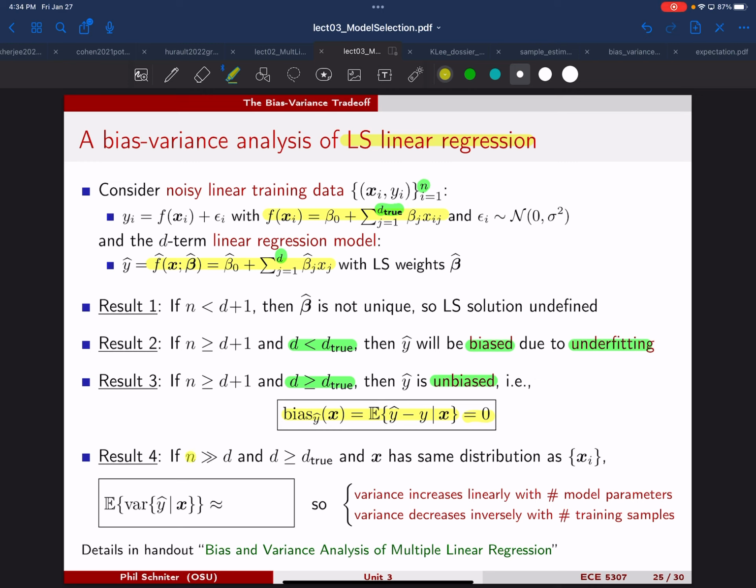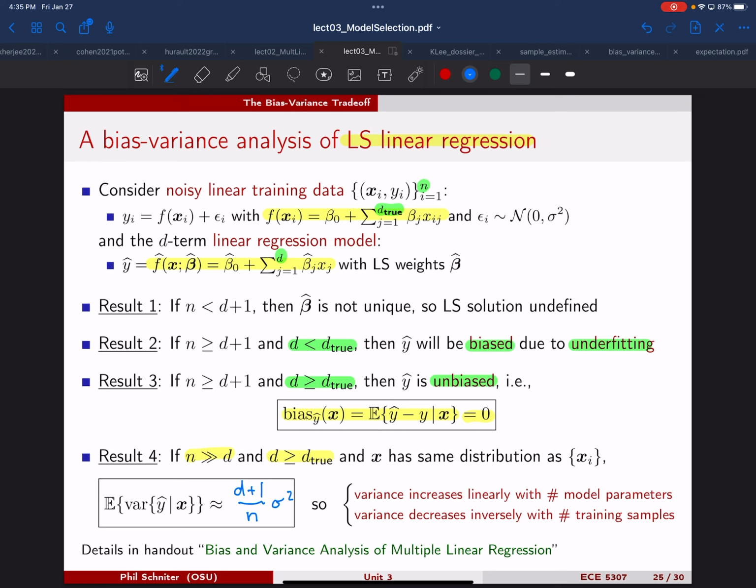If you have a lot of targets, and this is just to do the derivation, and you have equal or greater model order than the truth, and a few other technicalities like your test vectors come from the same distribution as your training ones, then you can show this super interesting result that the average variance is d plus 1 over n times sigma squared.